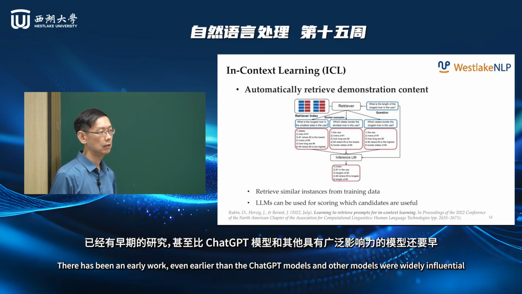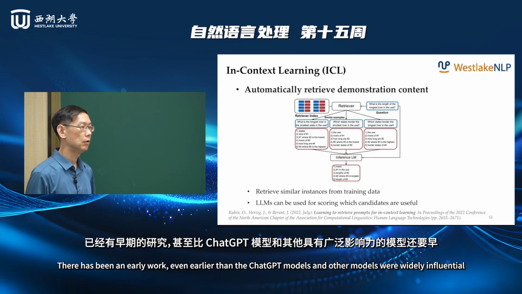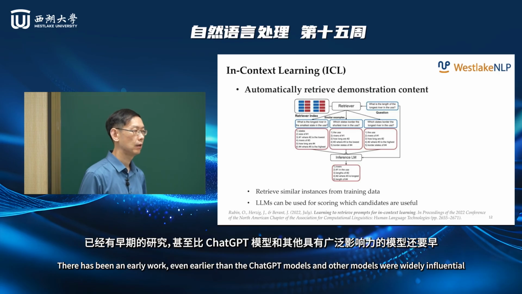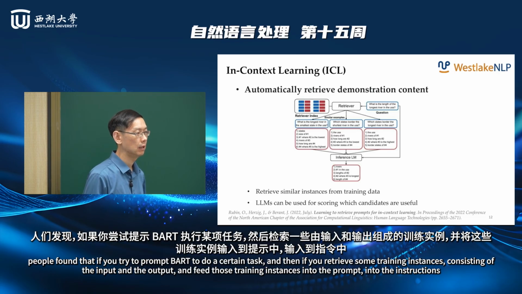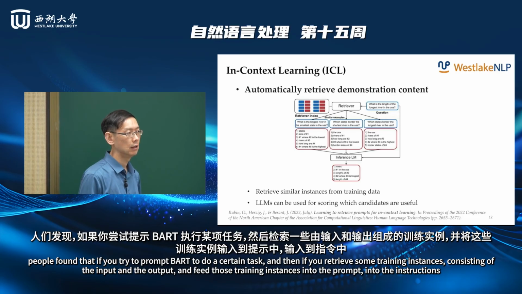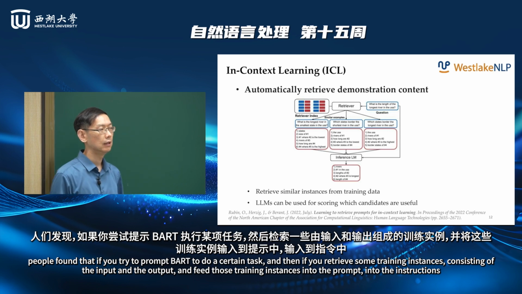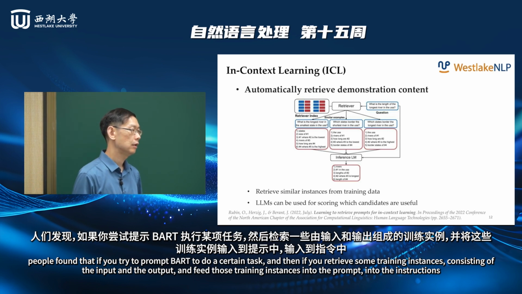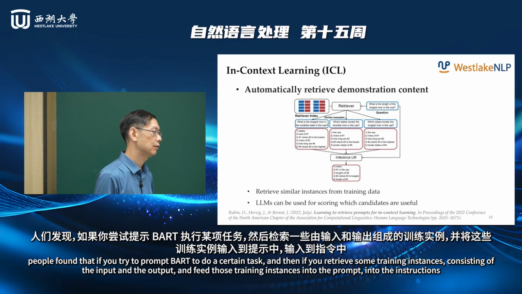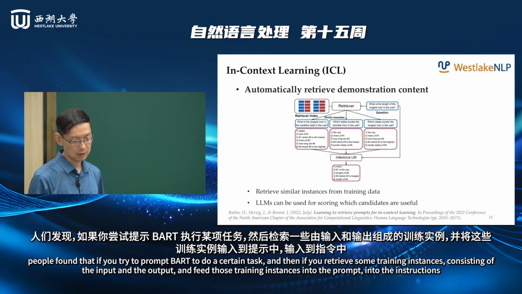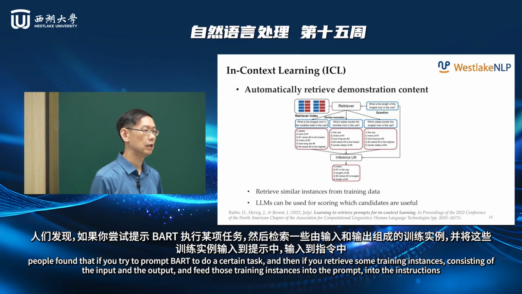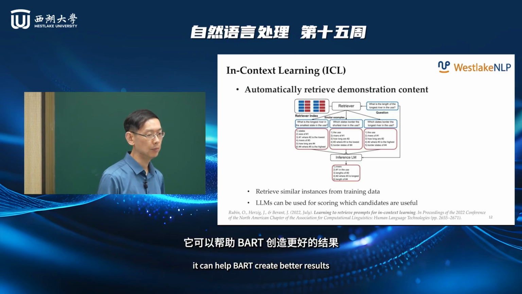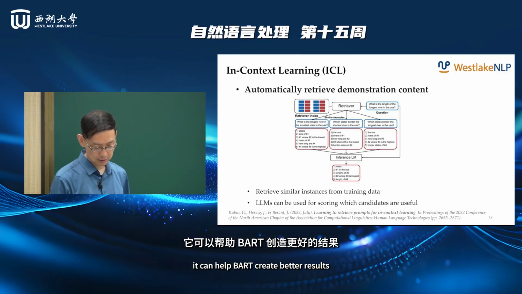Okay, there has been early work, even earlier than the ChatGPT models and other models were widely influential. So people found that if you try to prompt BART to do a certain task, and then if you retrieve some training instances, consisting of the input and the output, and feed those training instances into the prompt, into the instructions, it can help BART create better results.